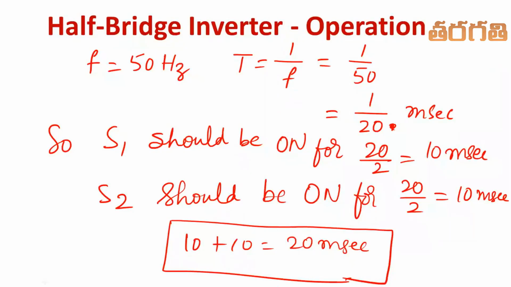So a pulse having a width of 10 milliseconds with a period of 20 milliseconds is applied to S1, whereas for S2 the same pulse with a period of 20 milliseconds, but having a phase delay of 10 milliseconds, is to be applied.